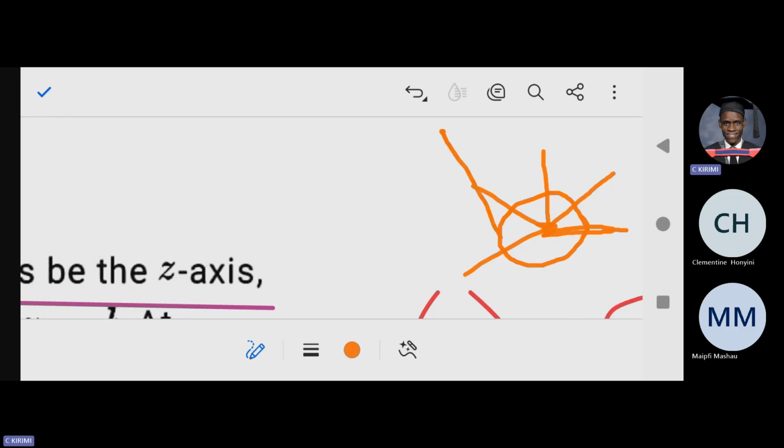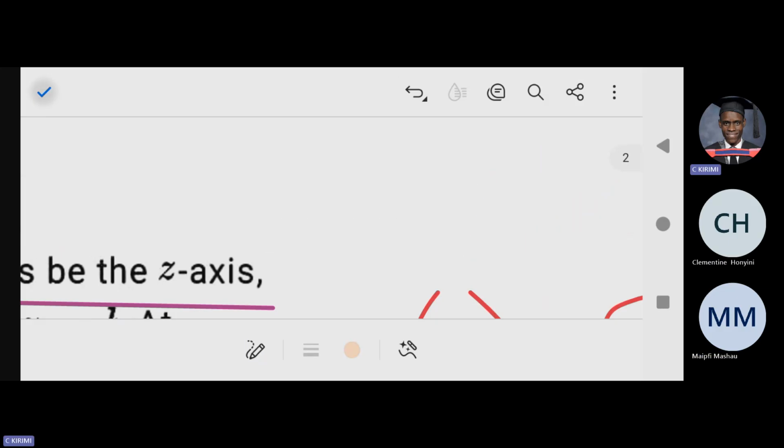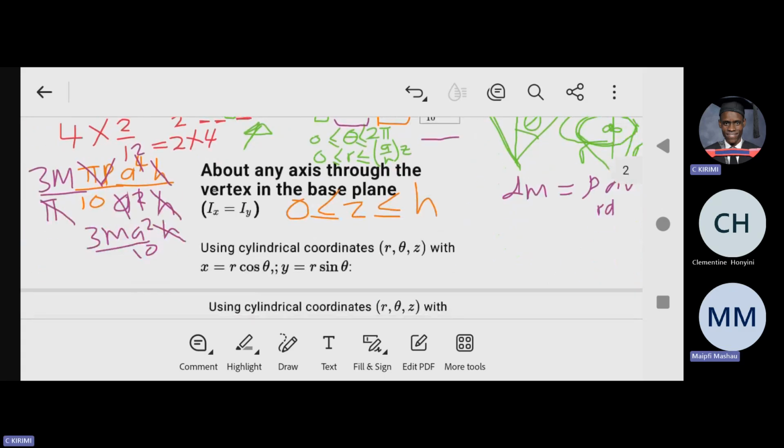Now the cone is moving upwards, so the base which we are taking, theta, starts from 0, rotating the whole of it, 360 degrees. In radians, that is 2 pi. Is that clear? Those are the limits for theta, which is the angle.